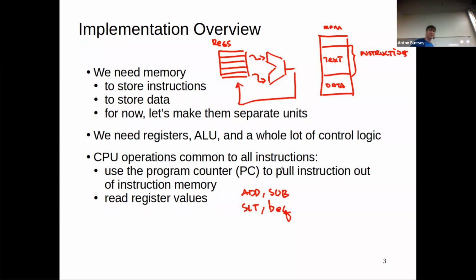What else do we need for this machine to start running? We need to remember this thing called the program counter, which essentially points to the text of the program, and this is where we get the next instruction from, right?